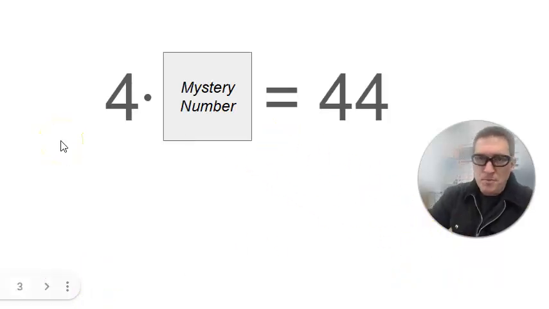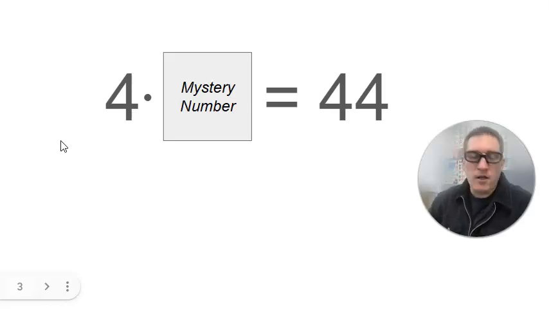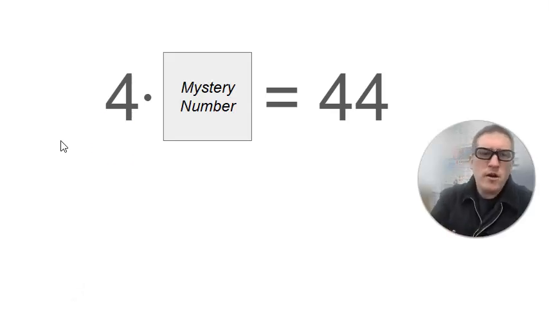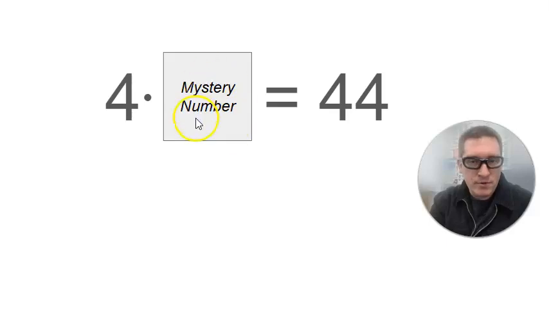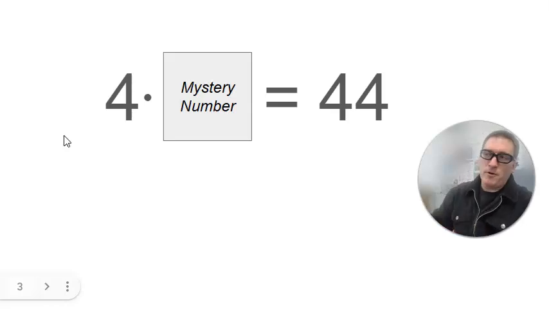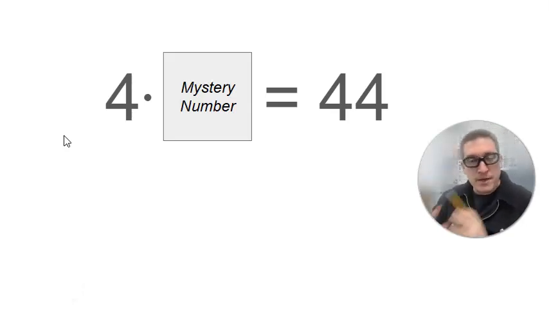All right, new mystery number. I'll call it y. 4 times this mystery number equals 44. In other words, what number, when I multiply it by 4, gives me 44? Well, most of you are thinking 11 as the correct answer. Now, as I said before, you're not going to be writing mystery number over and over again. We're going to pick a letter to represent the mystery number.